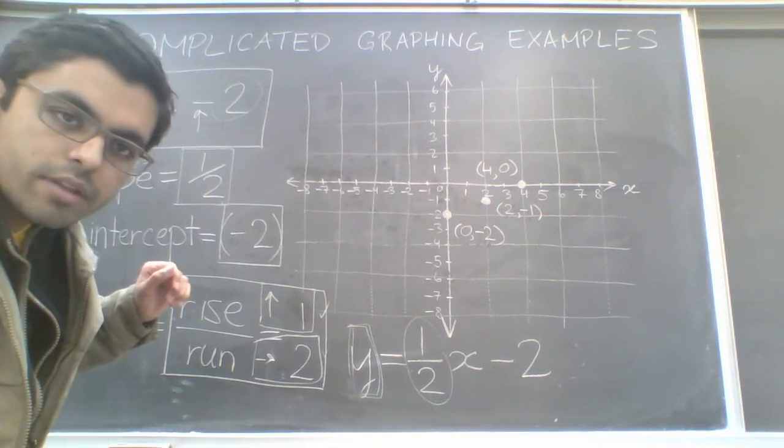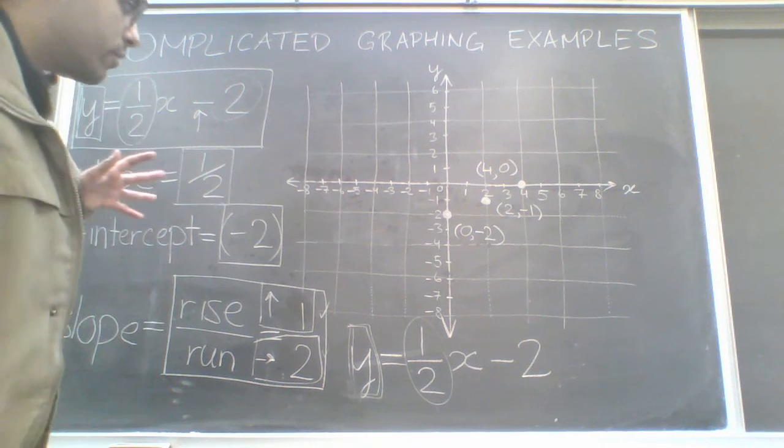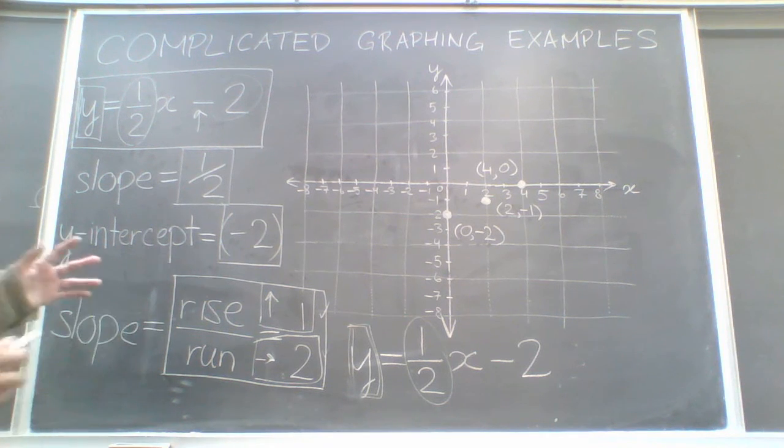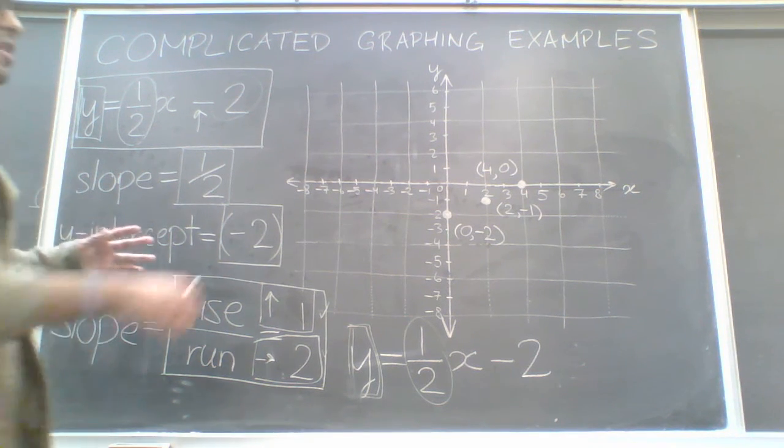Hopefully you can read those numbers. Looks okay from where I am, but I know with you guys sitting in a classroom, looking at a screen, it might not be quite so easy. So I'll try and work that out a little bit better for the next one. But once you've got a couple points down, that's enough for you to draw a line through it.